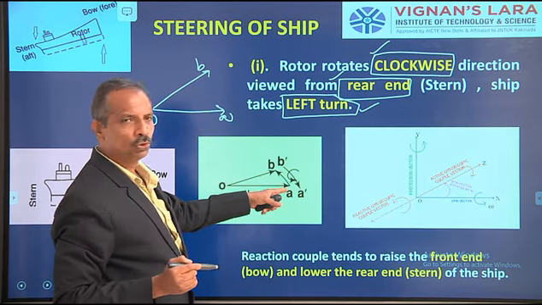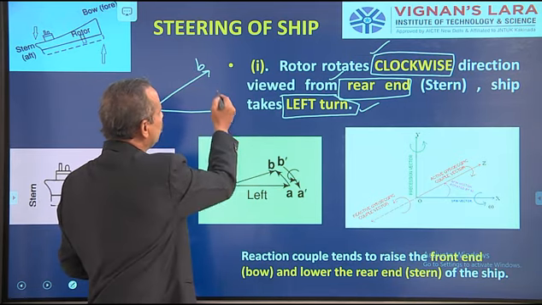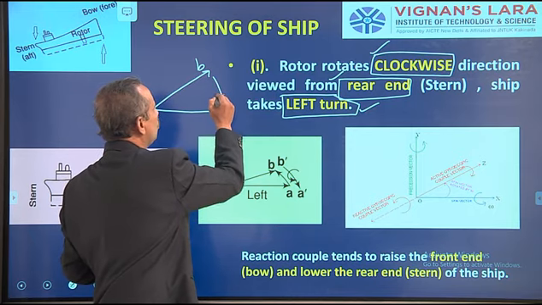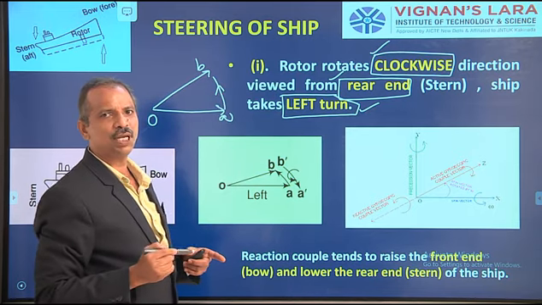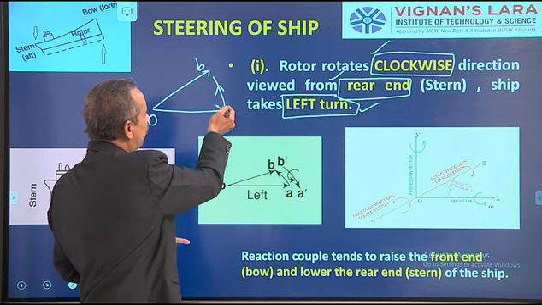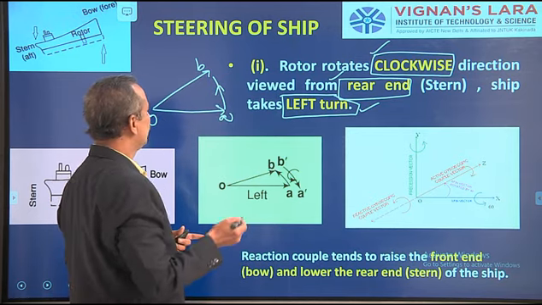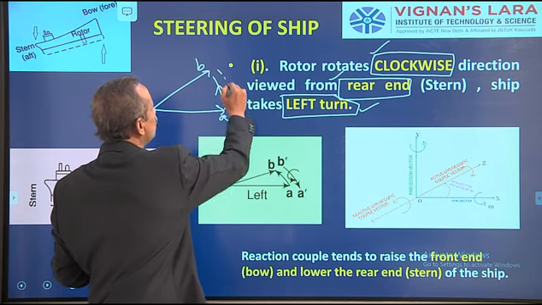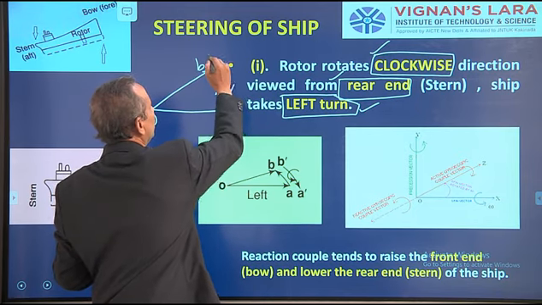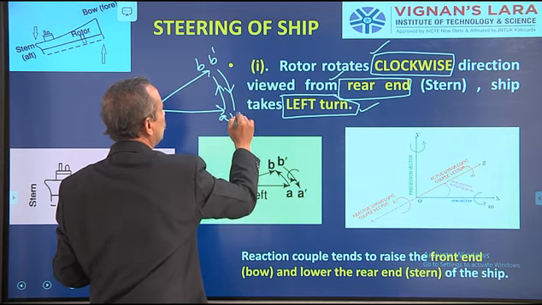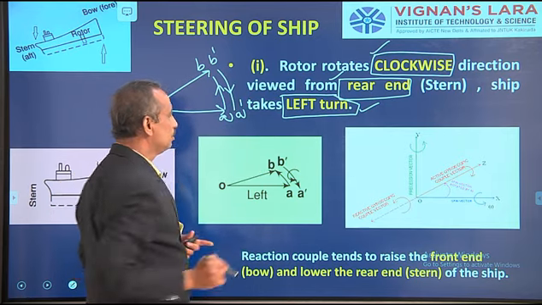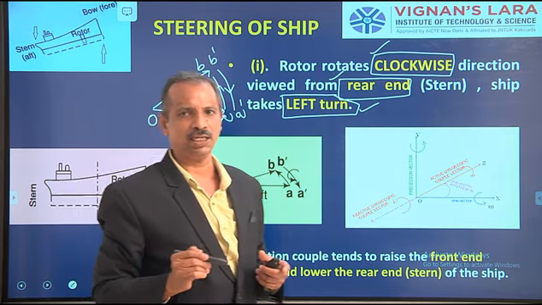I want to move the ship from A to B. To move this ship from A to B, I have to apply a couple like this. If I apply a couple like this, then an equal and opposite couple will be developed due to the gyroscopic action, which is B dash A dash.